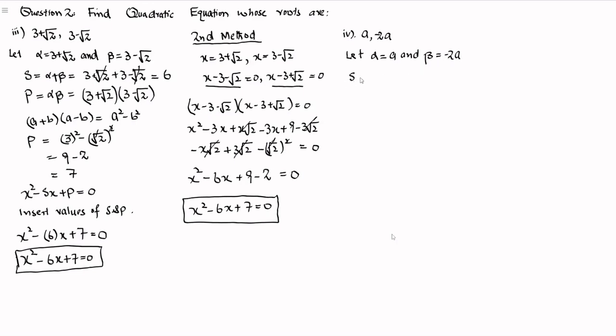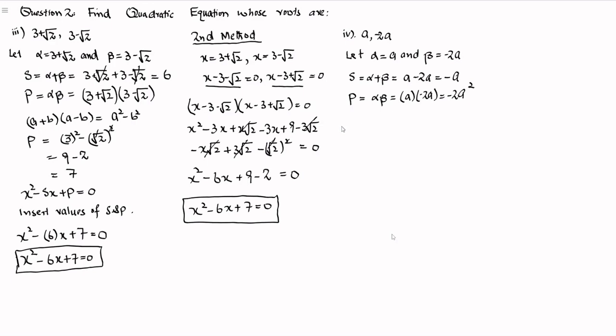Then the sum of the roots is equal to alpha plus beta, where alpha is a and beta is minus 2a, which is equal to minus a. a minus 2a is equal to minus a. The product of the roots, which is alpha beta, is equal to a multiplied with minus 2a, which is equal to minus 2a square.